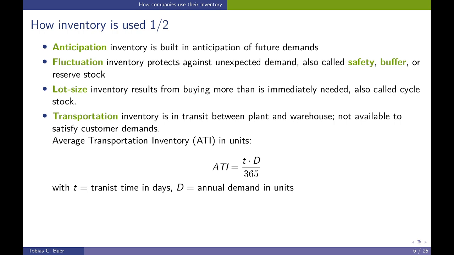What are some reasons on how we use inventory? We might build up inventory because we expect that in the future there will be a high demand. This in particular happens for seasonal products. Let's have a look at the fashion industry.